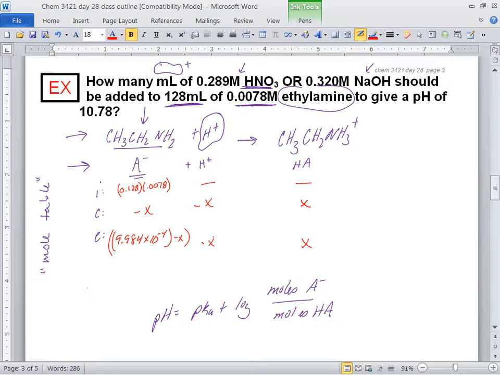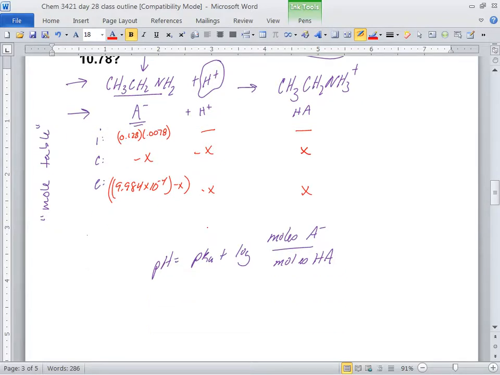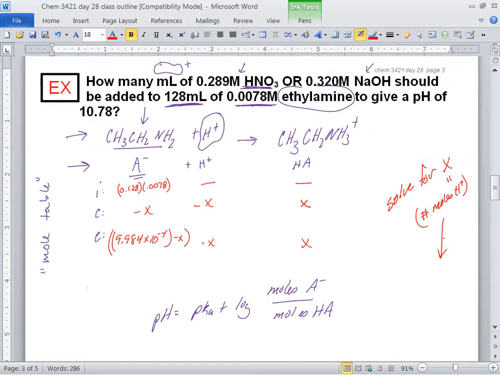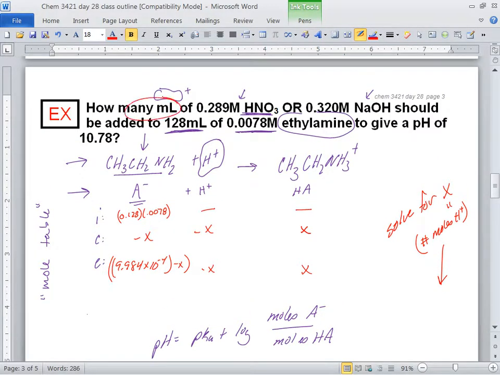Okay. And then if we know the moles, we'll solve for x, because that will equal the number of moles of H plus. And then how do we go from number of moles of H plus all the way to the mils?